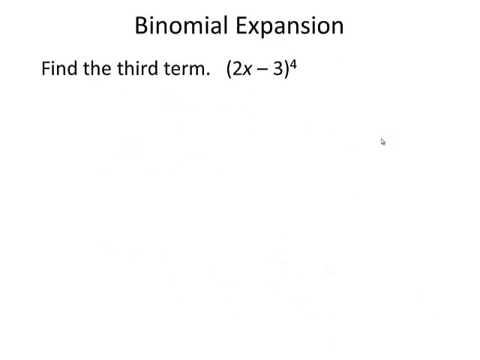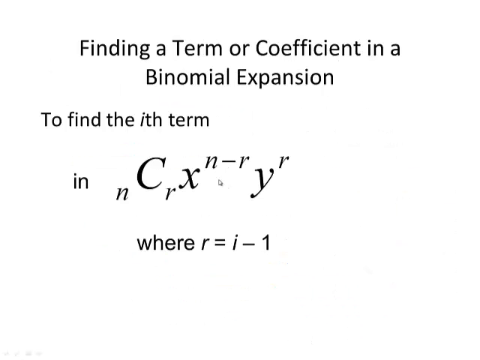Okay, so here we go. So this is going to be r, r, and n minus r here, because these two have to add up to n, right? So n minus r plus r has to add up to n because the r's cancel, if that helps.